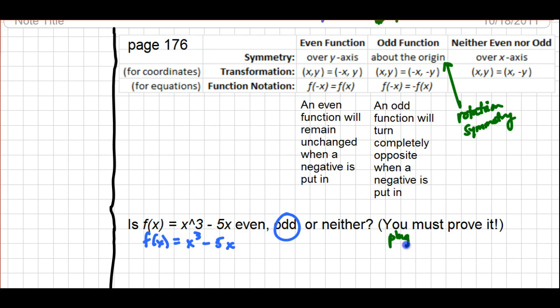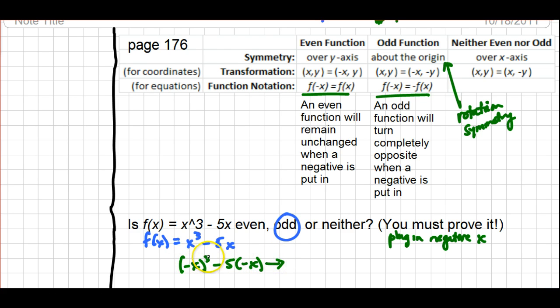So you must plug in a negative x and see what happens. And again, we're going to be following this information here to determine if it's either even or odd. Since we're headed towards odd on this particular function, we are hoping that the whole function goes to its opposite. So I'm going to plug in a negative x, and I'm going to simplify and see what happens.